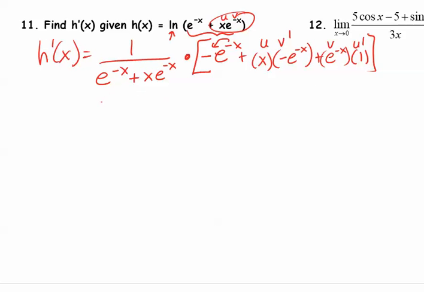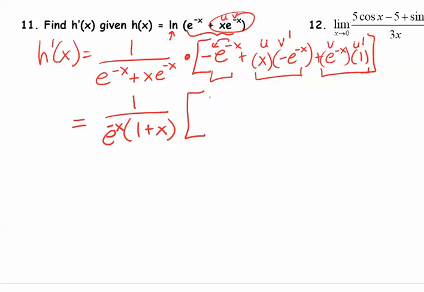All right, so now let's see what we can do here. We've got 3 separate terms, but each one of them has an e to the -x, as does this denominator, which also has a common term of e to the negative x. So I think we might want to get those factored out.